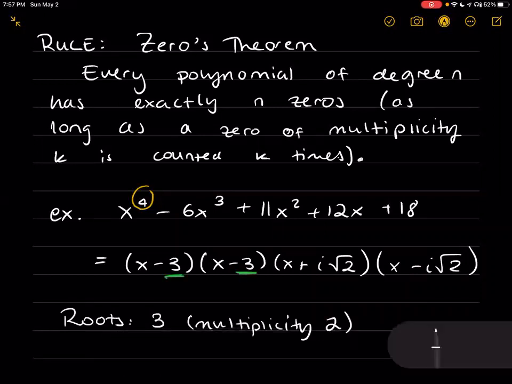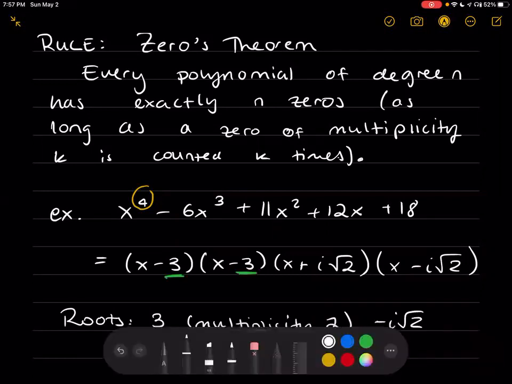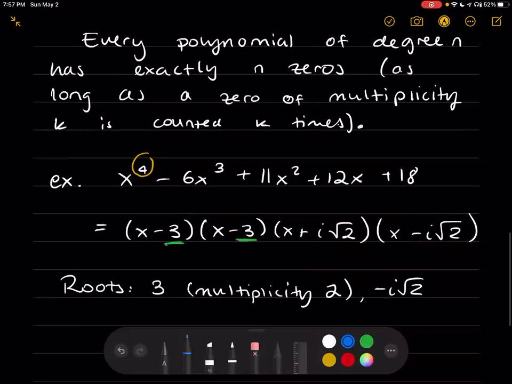And then we also have negative i root 2. So here, let me color coordinate these. So the 3 is green, the negative i root 2 is right here. And then lastly, we have a positive i root 2. Like that.